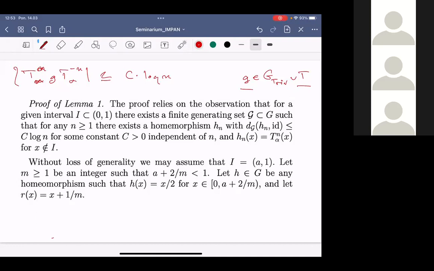Well, we see this easy observation that we may assume that our interval is equal to [a, 1]. Why? Because if it is not this interval, we can transform it onto this interval, or shift it using some rotation.